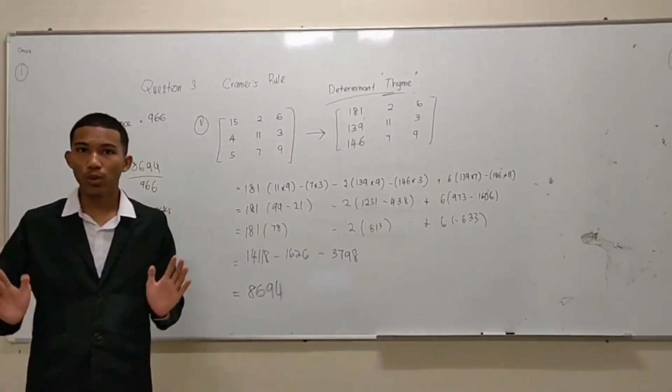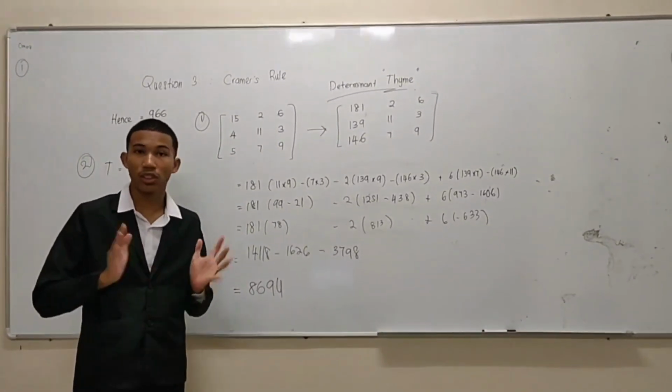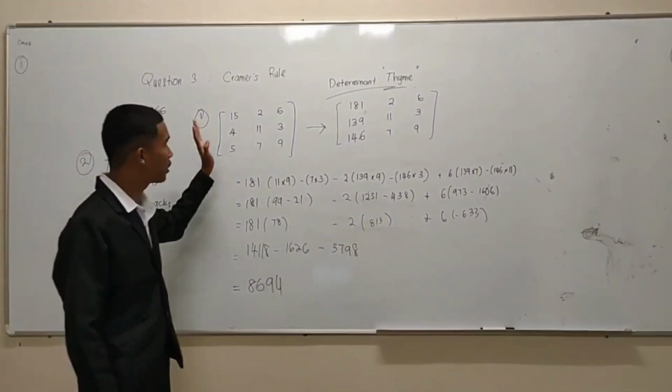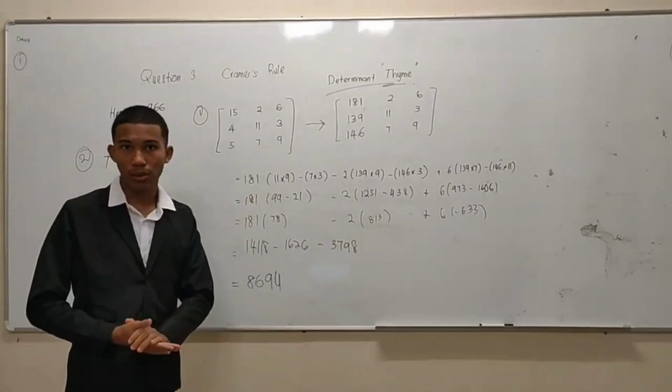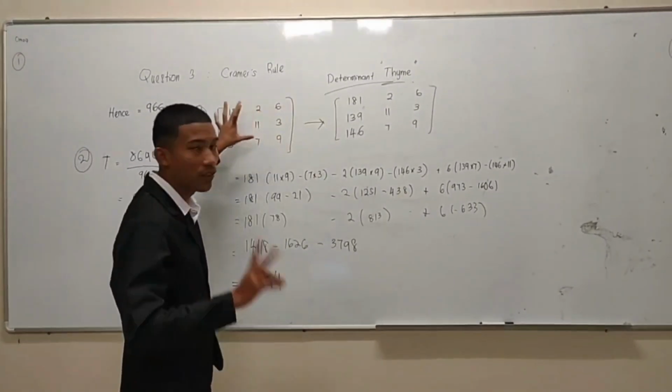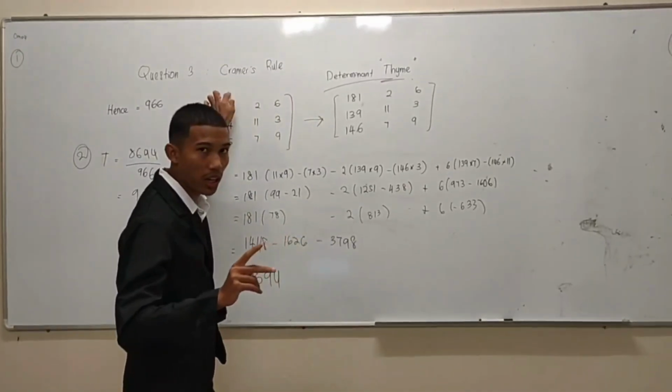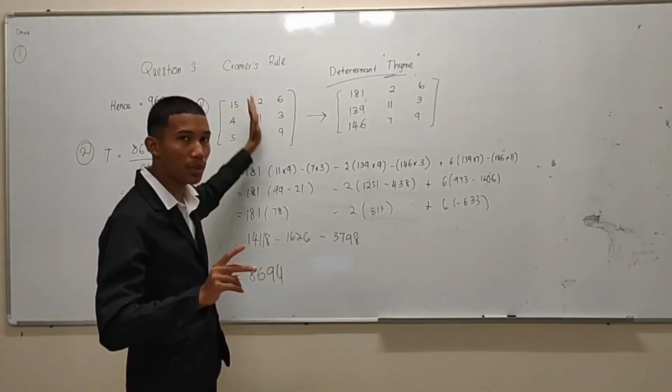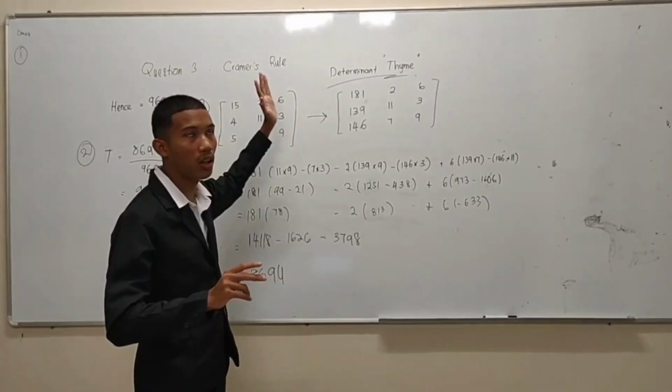Okay, and we move on to the determinant for thyme. So for the first step, we must remember our matrix form. The first column is for thyme, this is for lemongrass, and this is for lavender.